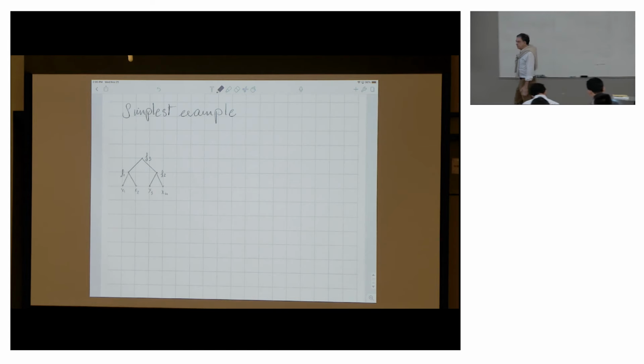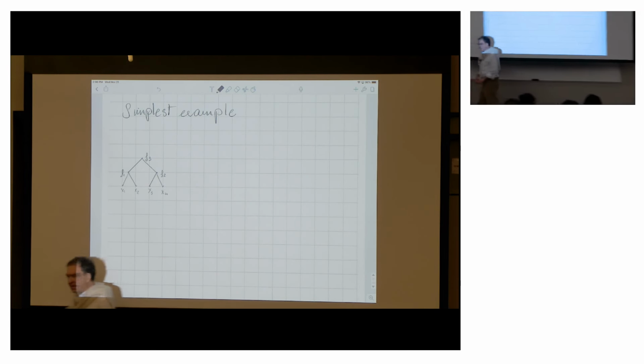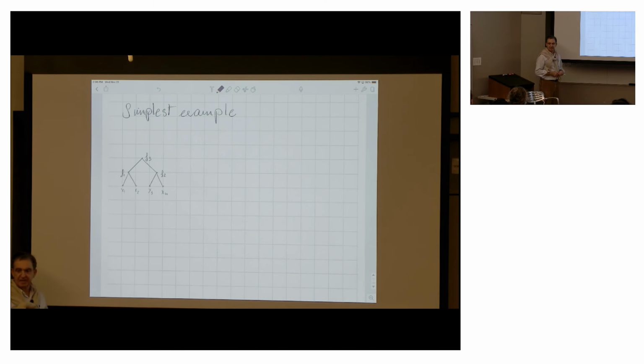This is the simplest possible example. It's a function of 4 variables, but instead of being a generic function of 4 variables, it is a function that has this graph. It's made up of 3 functions. Each one is a function of 2 variables. Right?